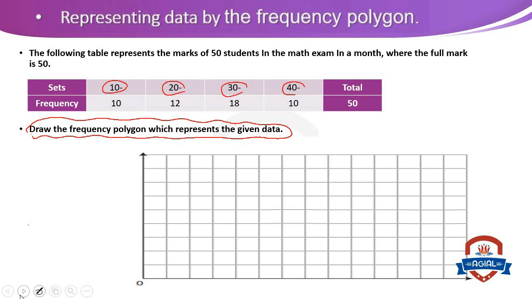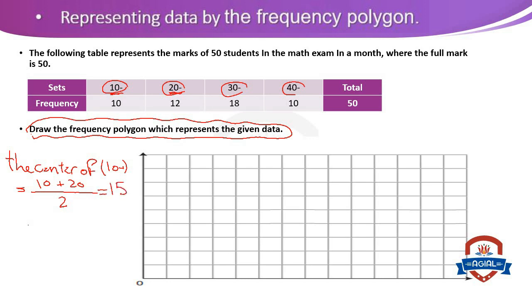So let's start by finding the center of each set. If we need to find the center of the first set, we have the center of the set 10 equals 10 plus 20. We have the lower bound plus the upper bound, all divided by 2, so we have 10 plus 20 equals 30, 30 divided by 2 equals 15.